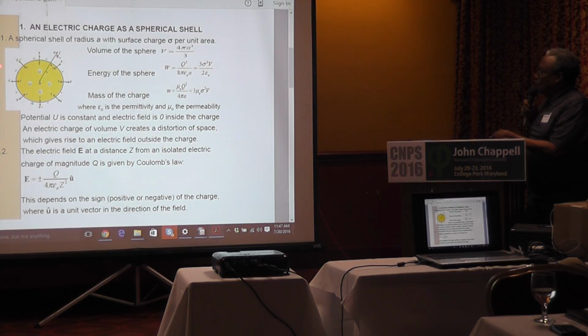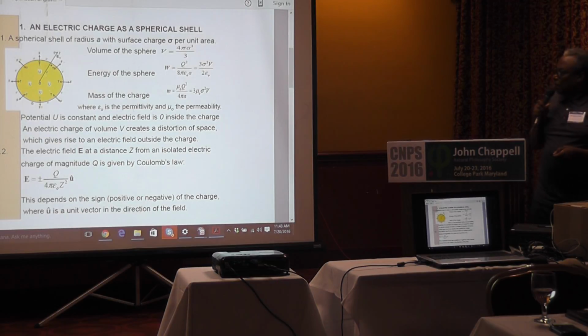So you have a spherical shell like this. The electrostatic force pulling the charge upwards will be balanced by the surface tension pulling the charge inwards to form a stable structure.